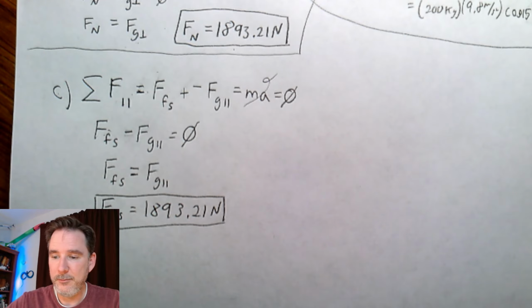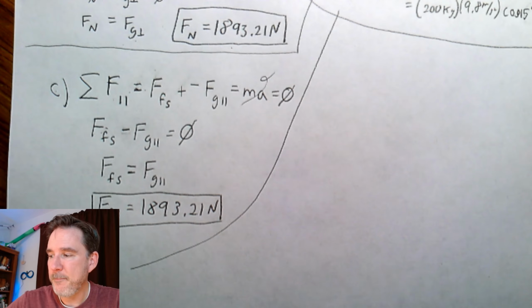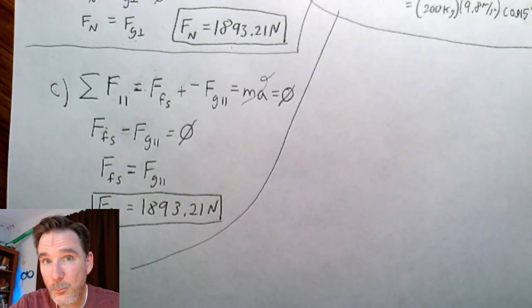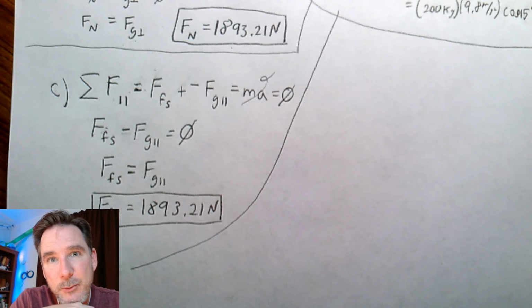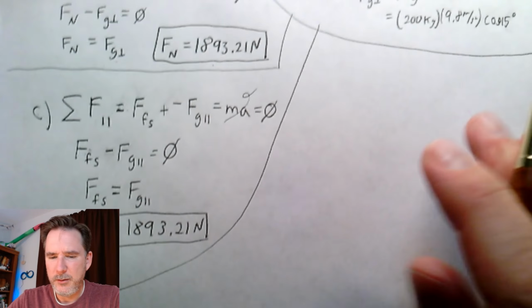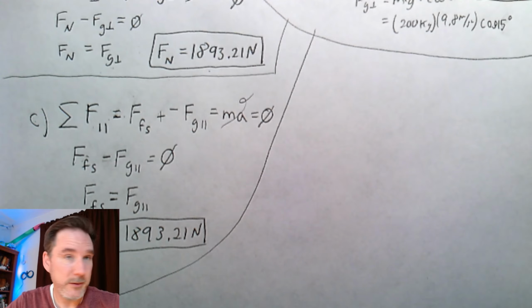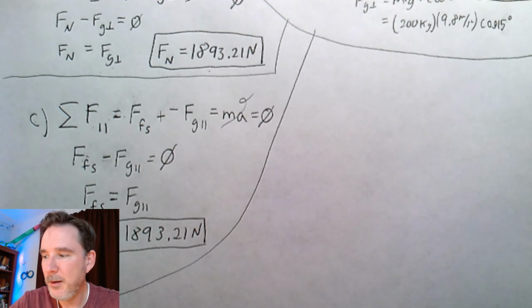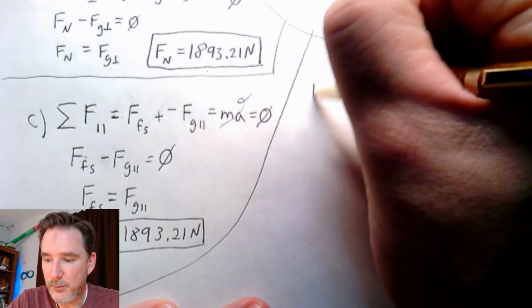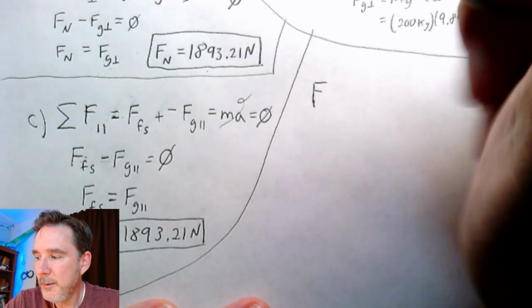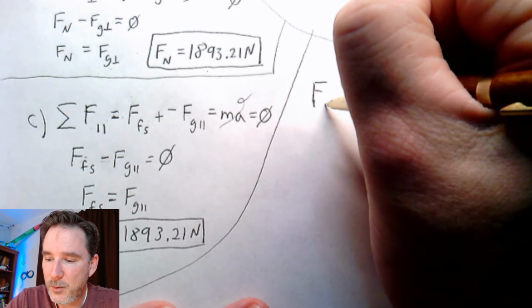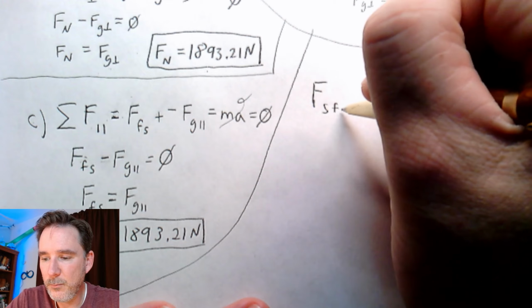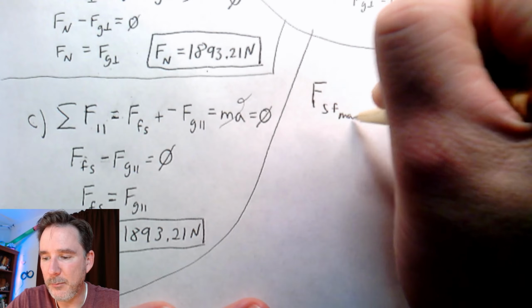Okay, now, because I can't just leave it at that, what about that coefficient of friction? We can now solve for it. If I were to do a bonus question, what is the coefficient of friction? There's 2 ways to do this. First, we start with the equation for the coefficient of static friction, and we're going to assume this is the maximum.